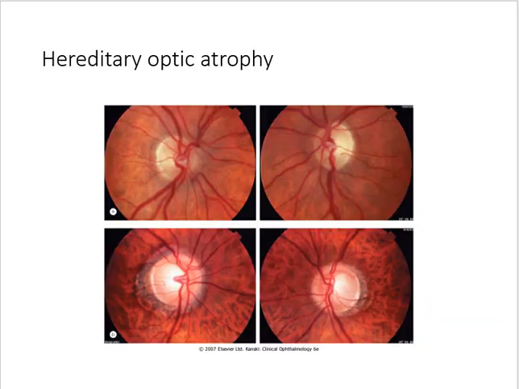And then the other one is hereditary optic atrophy, and again, this is quite rare.